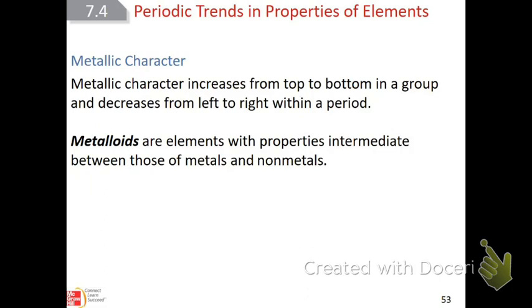Let's talk about the metallic character of things. Think about this for a minute and why it would be. Metallic character increases as you go down a group. Now, metallic character, metals tend to want to lose their electrons. Who's going to be hanging on to their electrons the least?